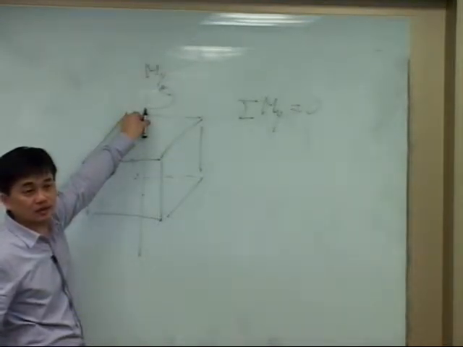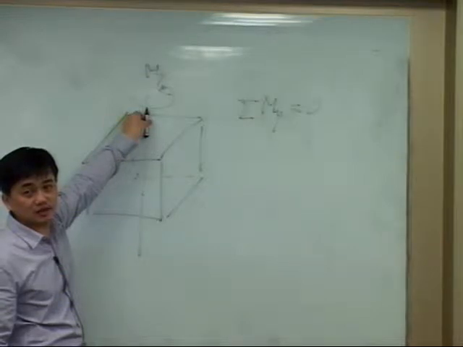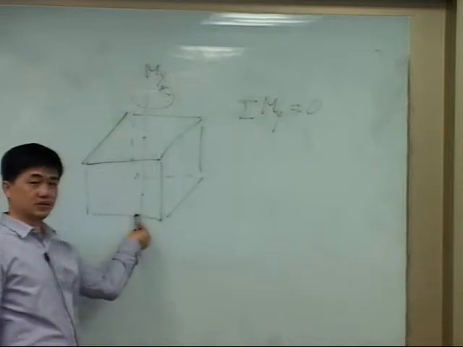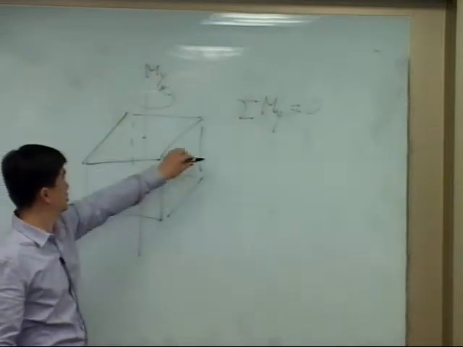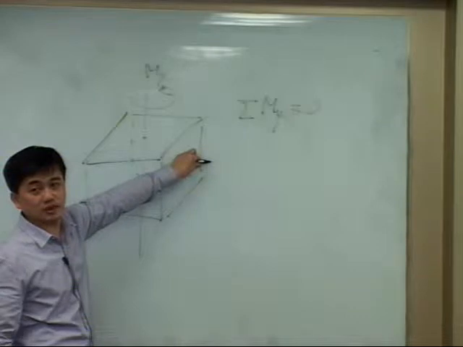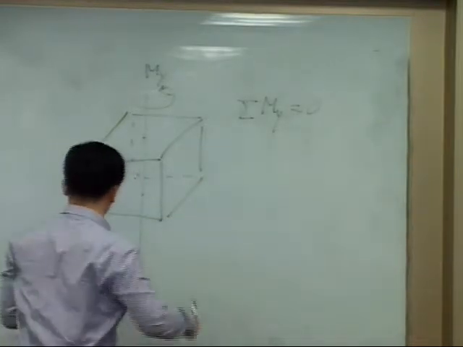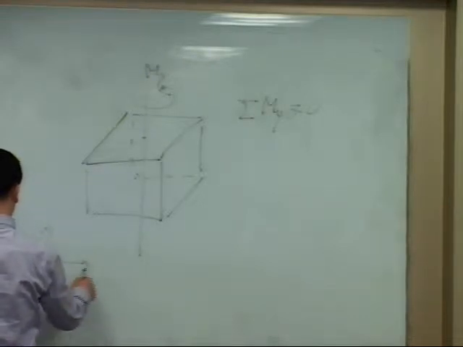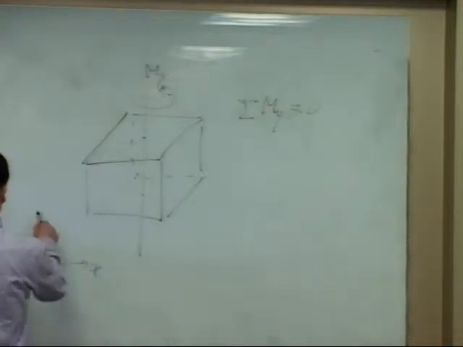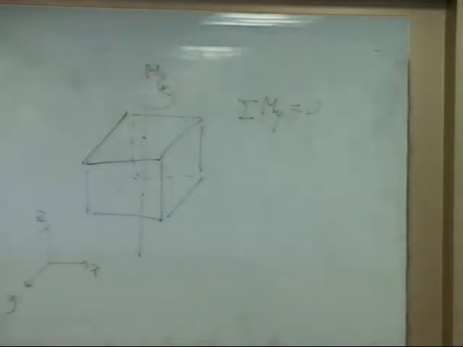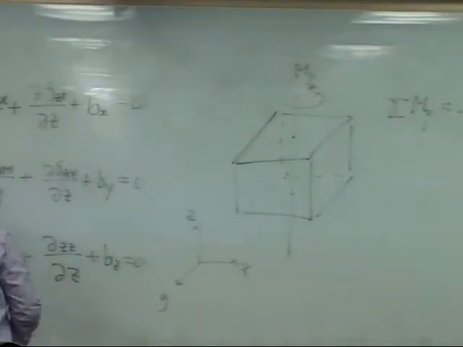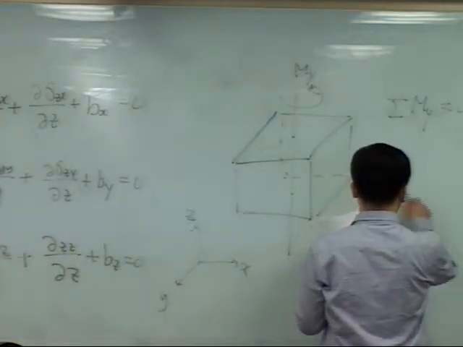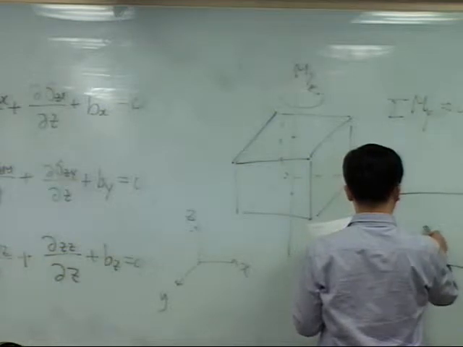That doesn't give any moment, because the moment arm is 0. How about this one? It doesn't give any moment. The stresses which can give us the moment are only 4.